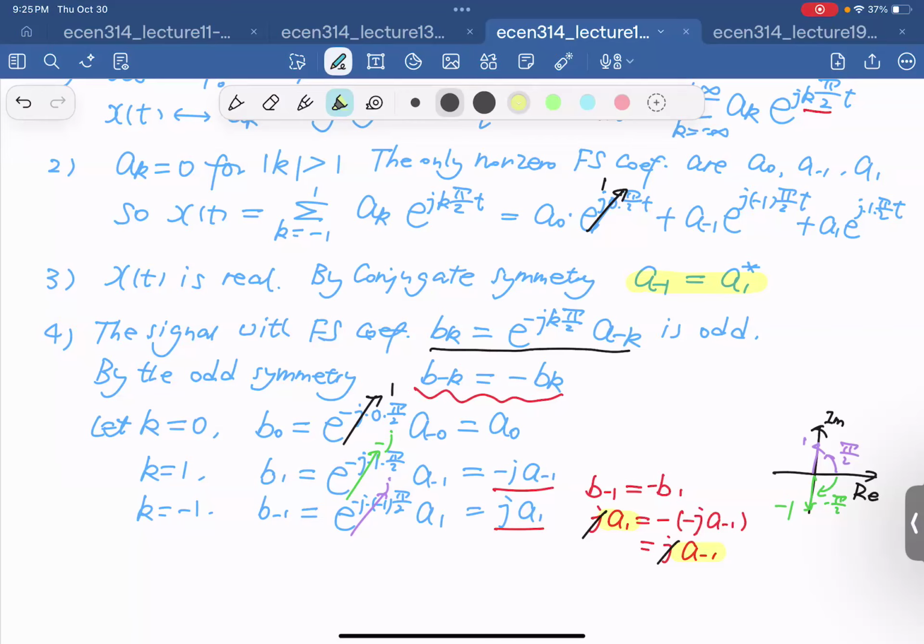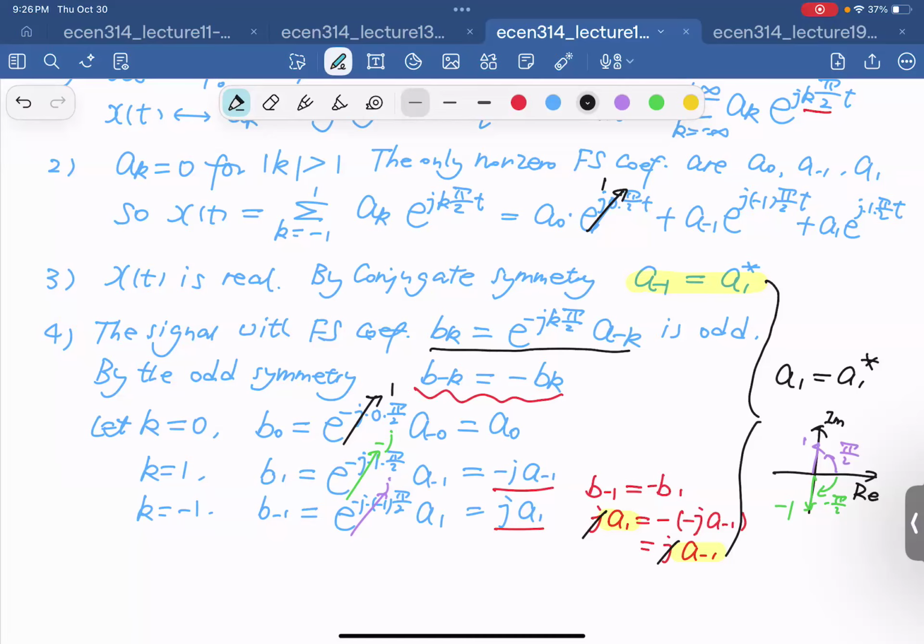They are complex conjugates of each other, and they are equal to each other. How do you make that happen? Well, if you are still not clear about it, if you merge these two highlighted facts together, you cancel a sub minus 1, and you find a1 equals a1's conjugate.